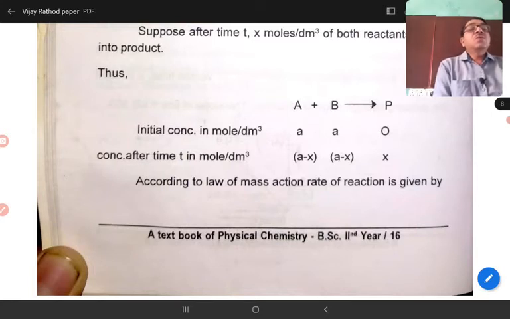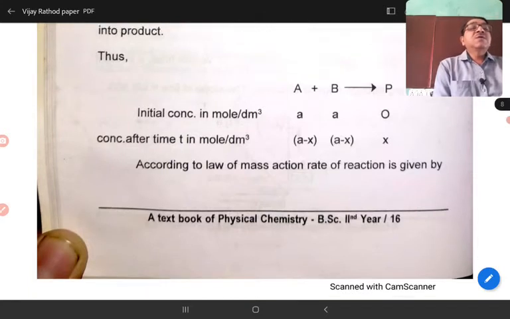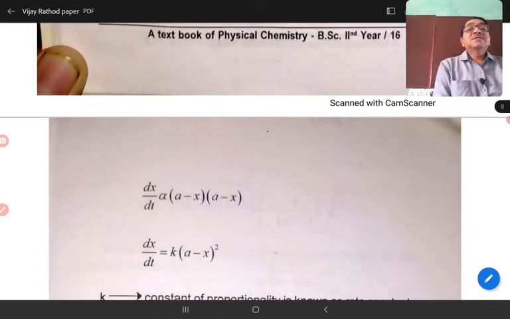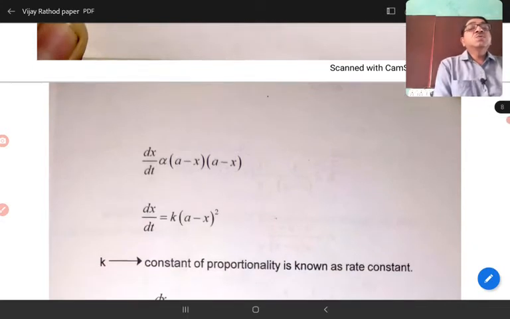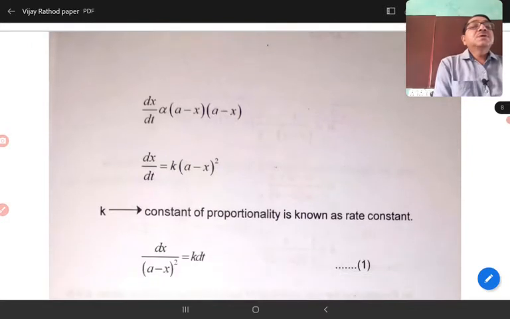Now we knew the law of mass action, that is the rate of reaction, given by dx by dt, is directly proportional to the concentrations. So here the concentration a minus x and the concentration a minus x, both for A and B. As we knew, these two a minus x are similar, so we can multiply them to get a square.